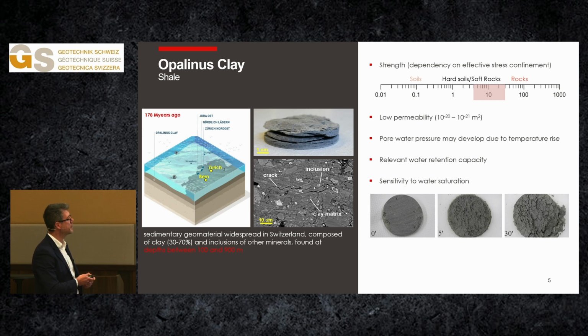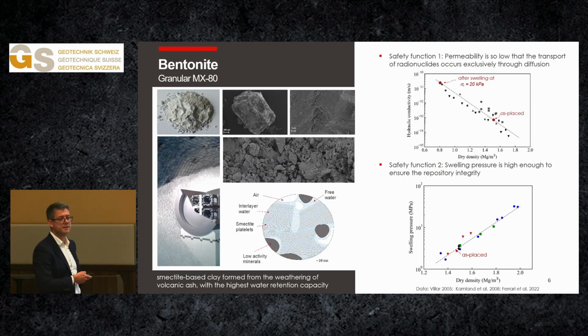At the same time, it's very sensitive to water saturation. If the saturation of the material is not managed in a proper way, the material will lose many of its initial geotechnical properties.